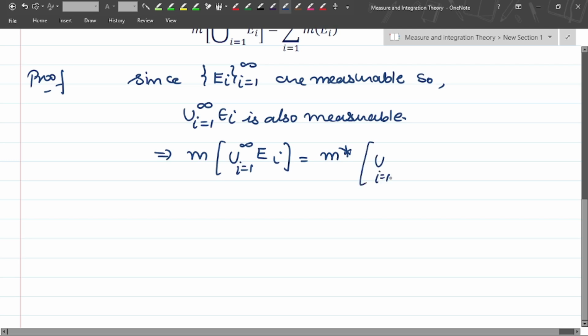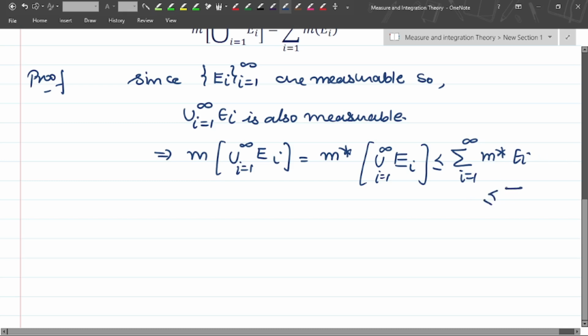So the outer measure of the union of Ei, i from 1 to infinity, is less than or equal to the summation of the outer measures of Ei, which equals the summation of the measures of Ei. This is the result we have.